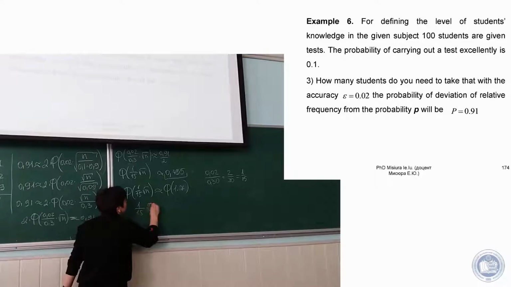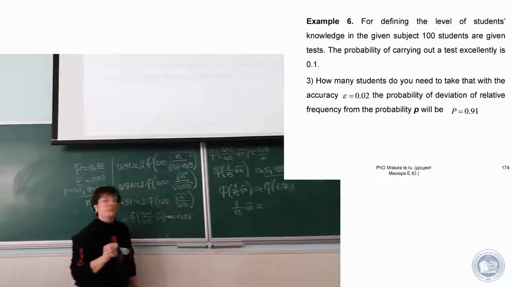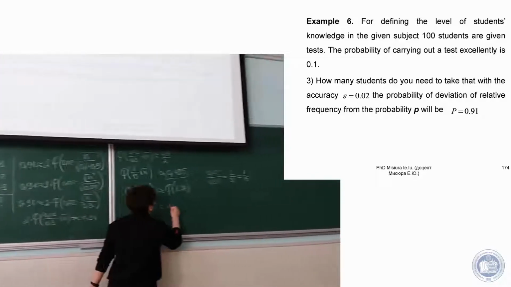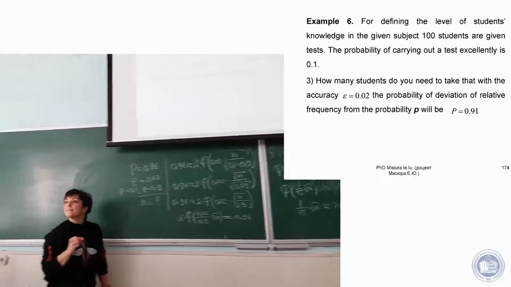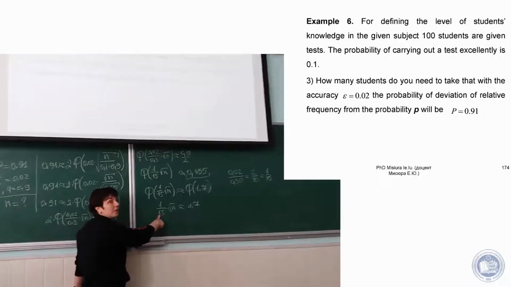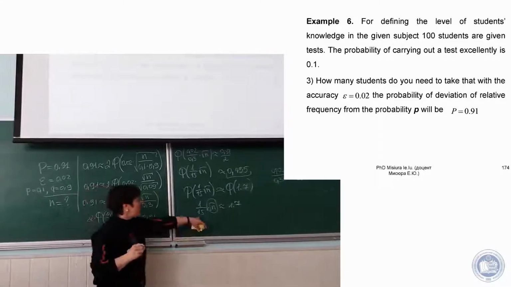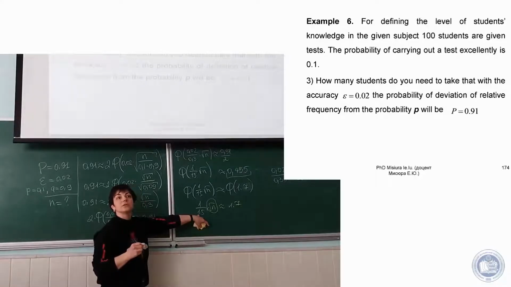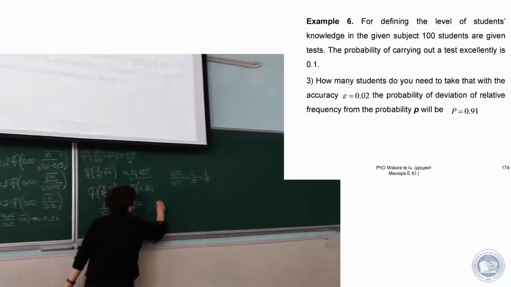Now, students, how to get n? 1/15 times root of n approximately equals 1.7. Okay. How to express root of n? Divide or multiply? It's unknown. How to exclude 15? Multiply by 15.